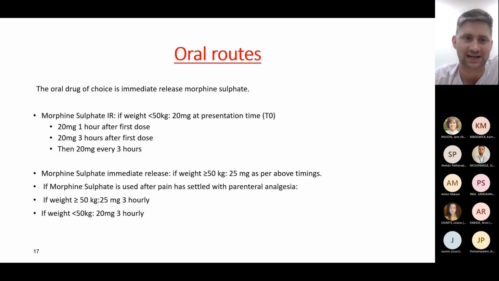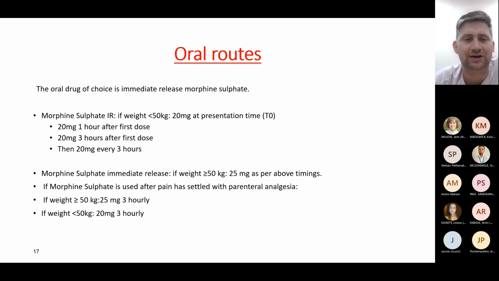Talking about the oral doses now, the oral drug of choice is immediate release morphine sulfate. I'm taking this from the guidelines we have here at UCLH. Obviously, every trust is a little bit different, but we're trying to standardize everything as well. If the weight is below 50 kilos, we can give 20 milligrams at presentation time.